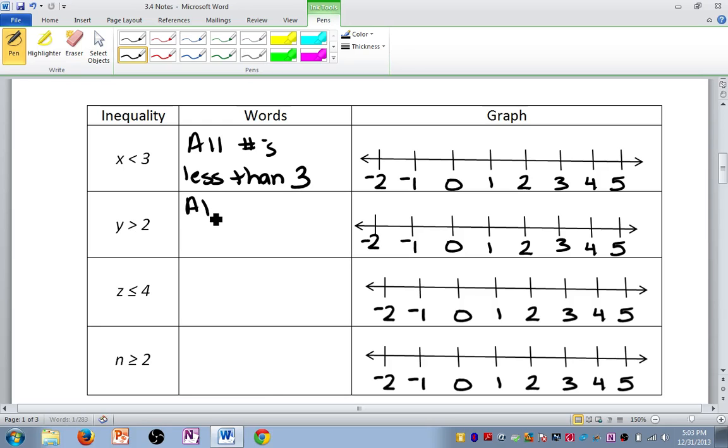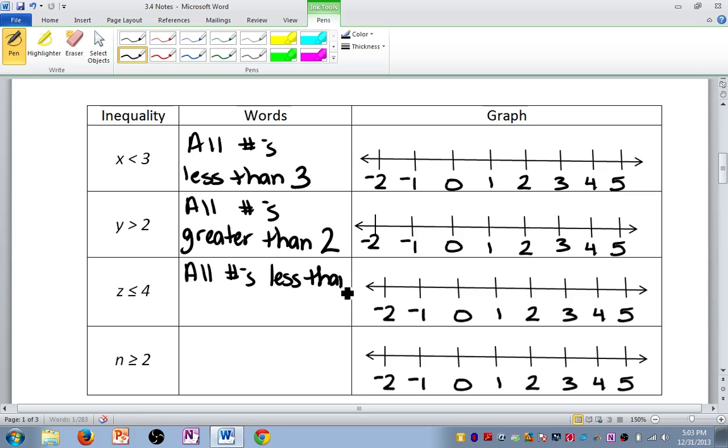That is referring to all numbers greater than 2, so any number bigger than 2. Z is less than or equal to 4, so all numbers that are less than or equal to 4.